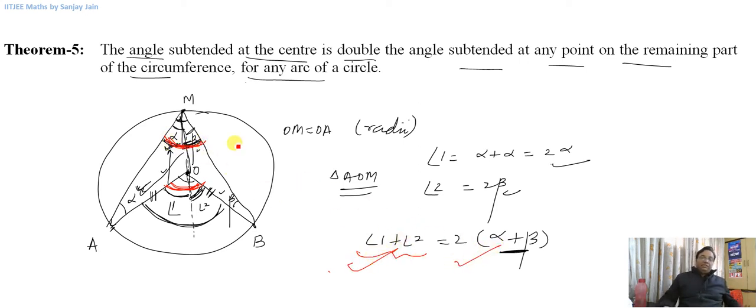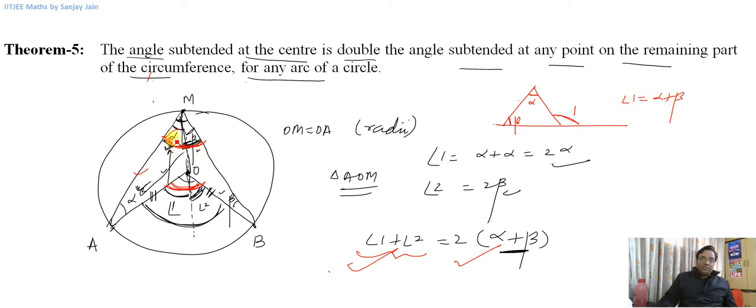And I have just proved it using the fact that base angles of an isosceles triangle are equal, and that an exterior angle of a triangle is equal to the sum of opposite interior angles. That is, if this angle is angle 1 and this is alpha and this is, let us say, beta, so angle 1 will be equal to alpha plus beta.